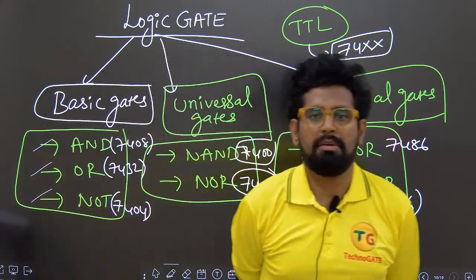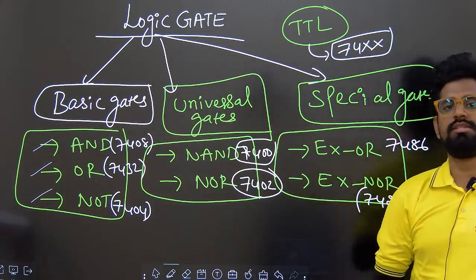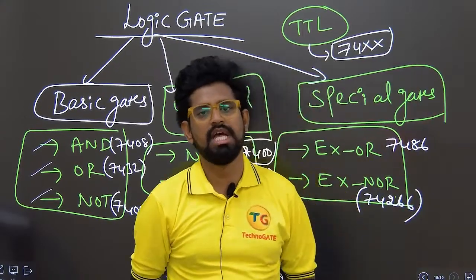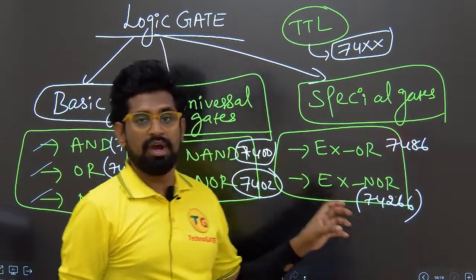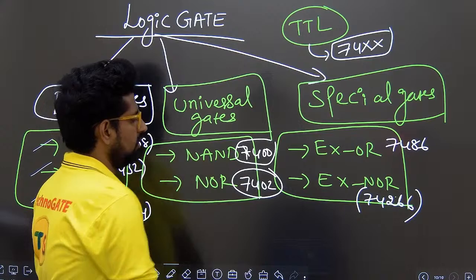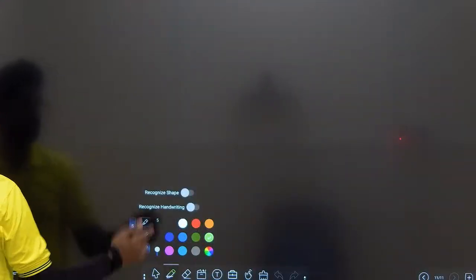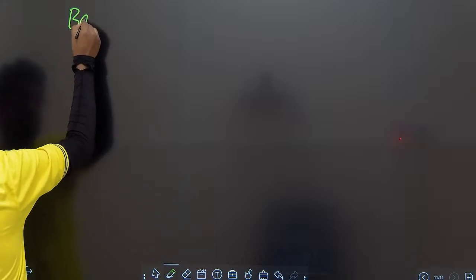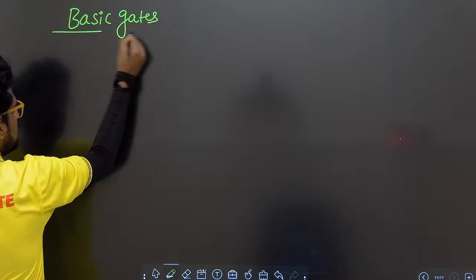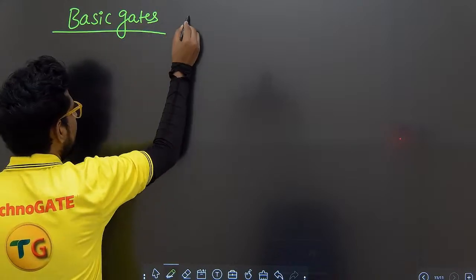If you are preparing, the entire digital electronics contains further topics like combinational circuits and sequential circuits, and via these gates only we are going to construct anything. Now let us begin. The first gate under the classification of basic gates is the AND gate.